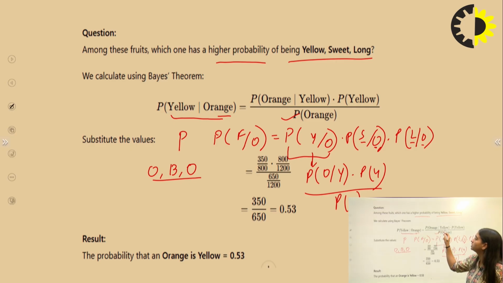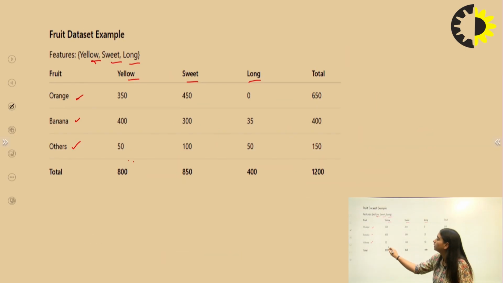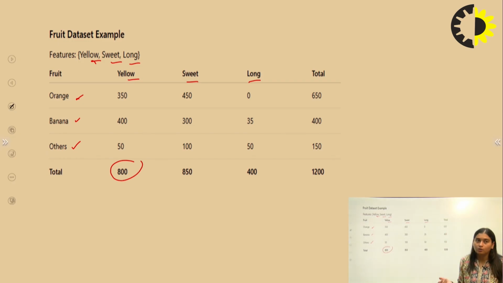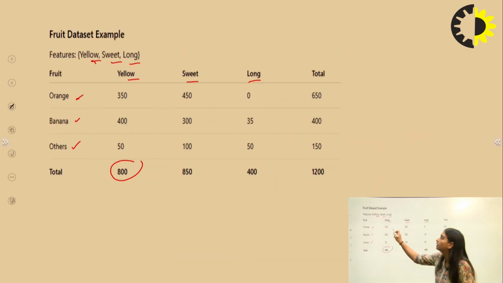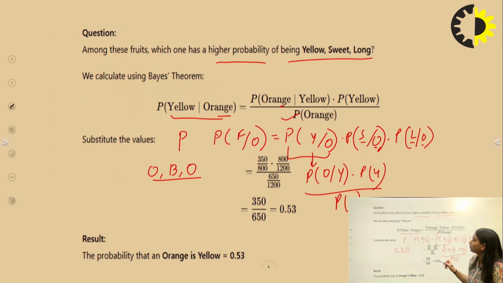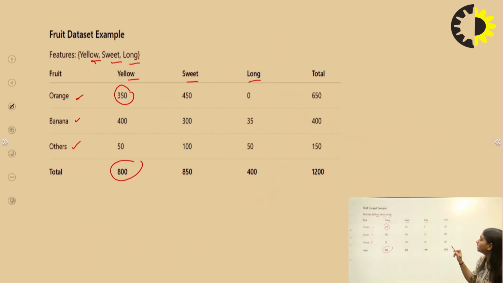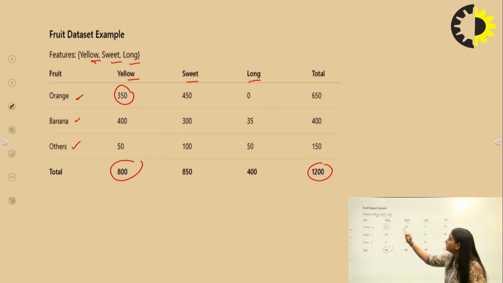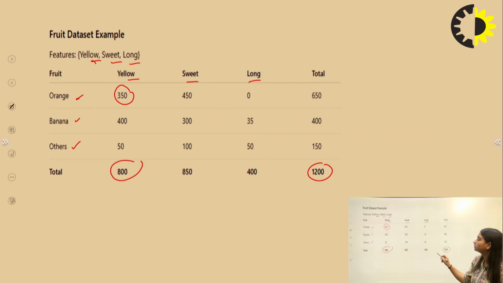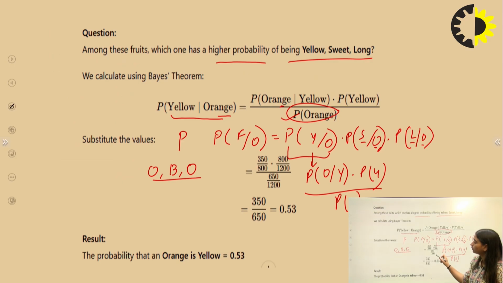Total fruits which are yellow are 800, and you're interested in how many yellow oranges you have. Yellow oranges are 350, so the probability will be 350 by 800. P(yellow) is 800 by 1200, total fruits being 1200. Total oranges are 650, so 650 by 1200. Simply put in the values of probabilities and compute, and we'll get 0.53.